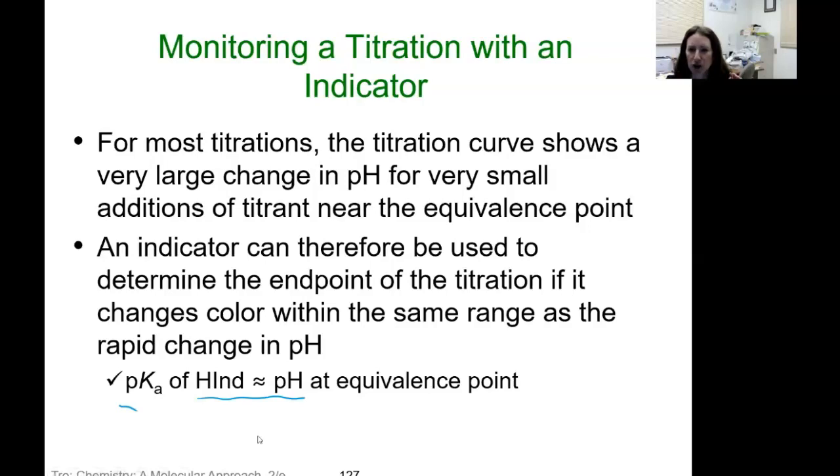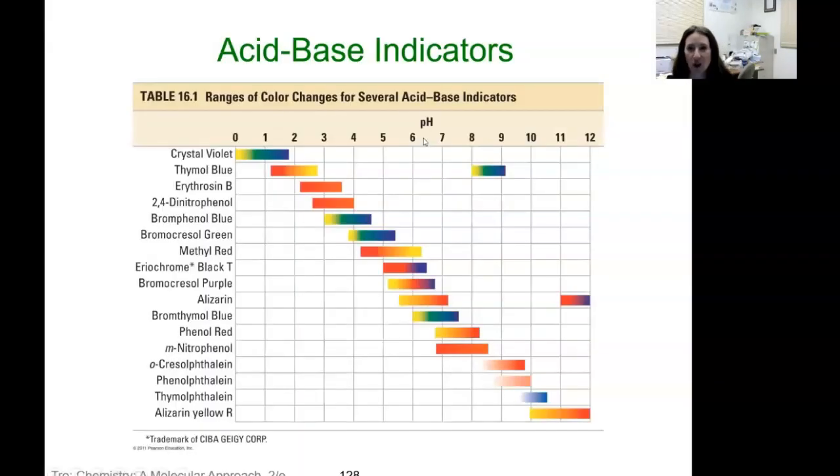So I'll just show you some indicators so you can see this. These are like a bazillion different indicators. All you really need to know is that the indicators are changing color depending if they're in their acid or base form.